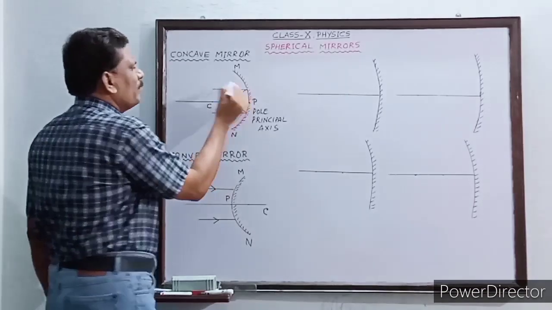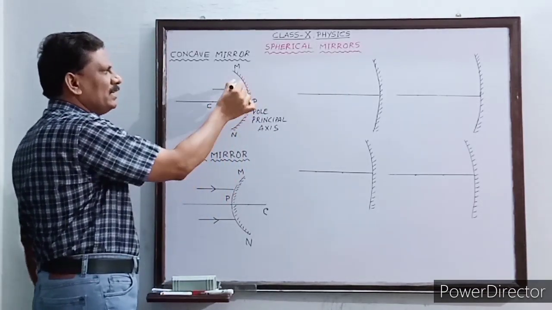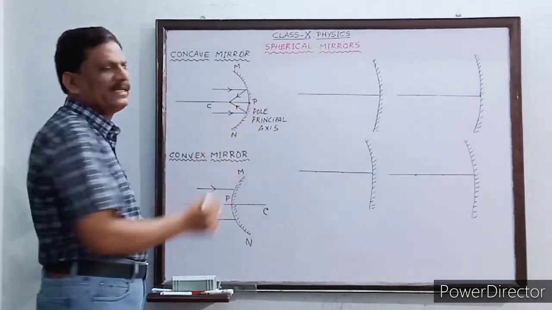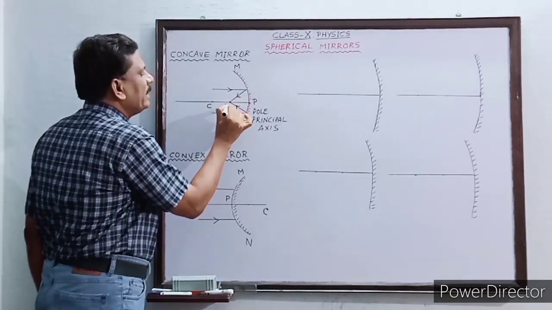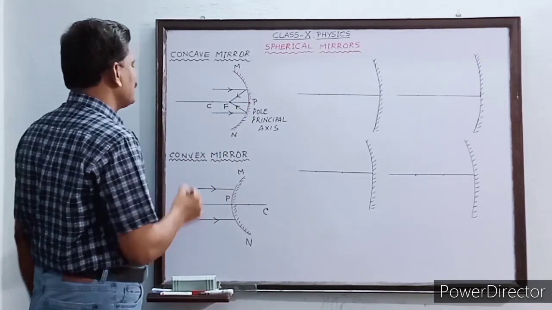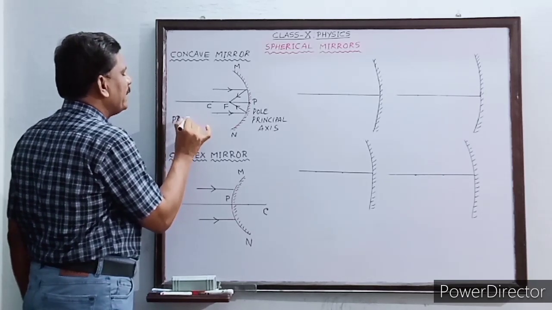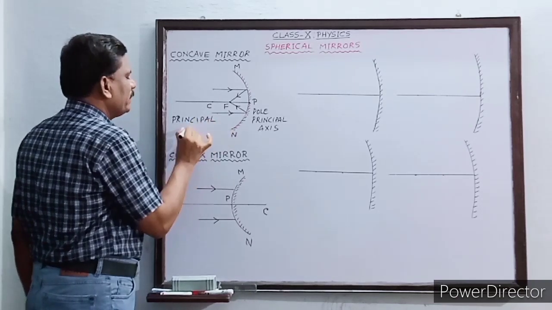Now some more rays which are parallel to these two rays, when they are incident on the concave mirror, all these rays will be reflected through a single point, which is denoted by F. This point F is called the principal focus. What name did I say? Principal focus.